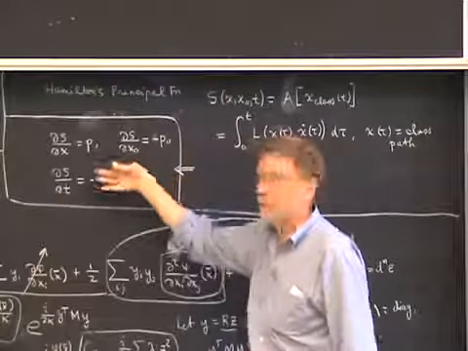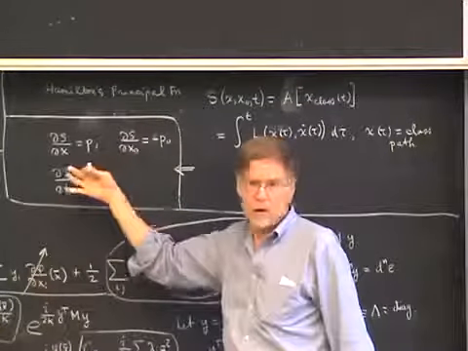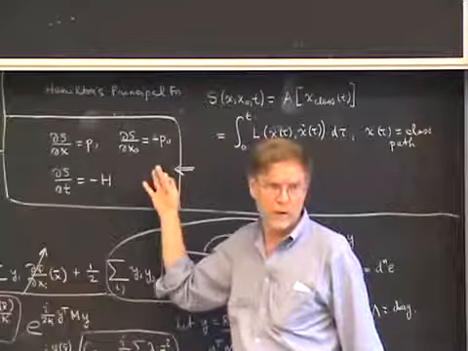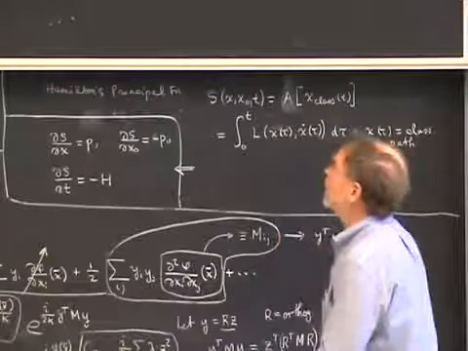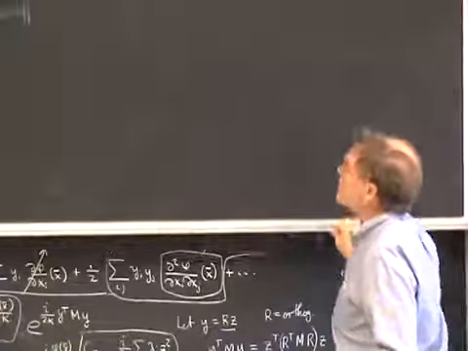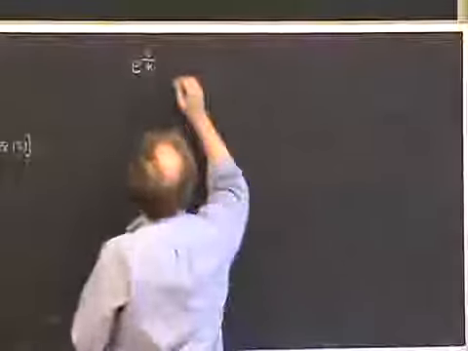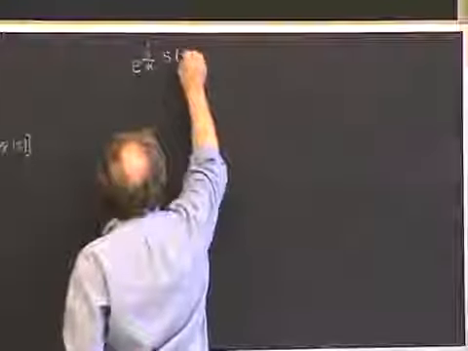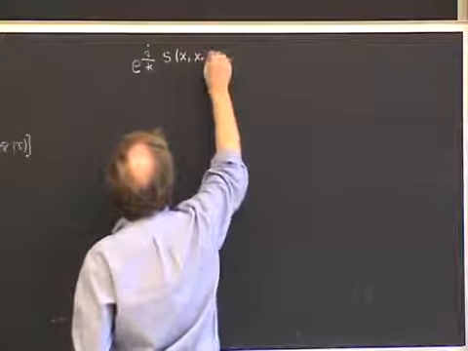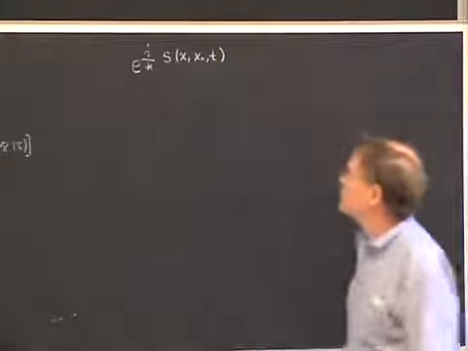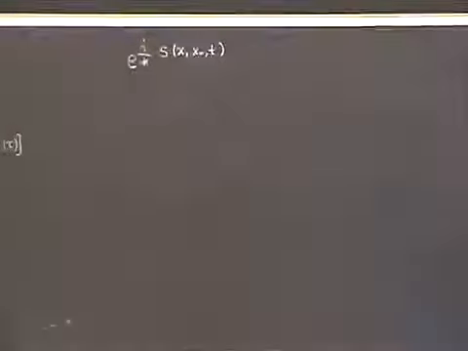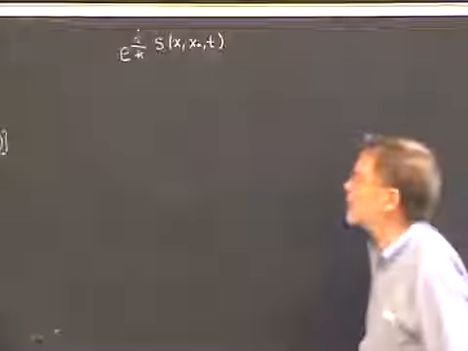I didn't prove these, but these are well-known results, called generating function relations, well known in classical mechanics. In any case, the result is that the phase of the propagator can now be written as e to the i over h bar times S of x, x0, and t. It is the classical Hamilton's principal function appearing up there in the phase.